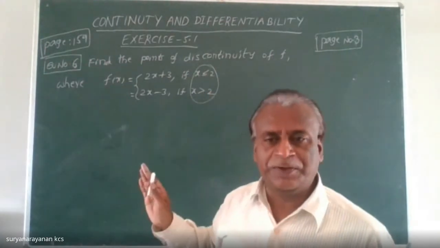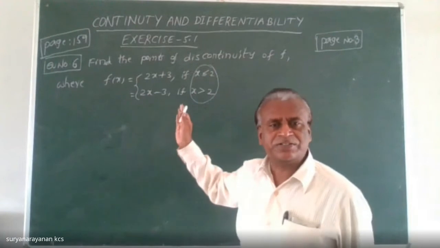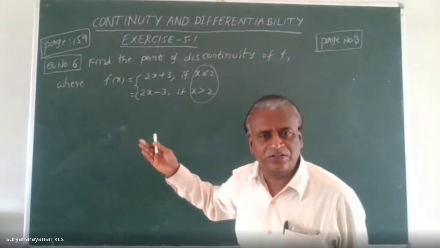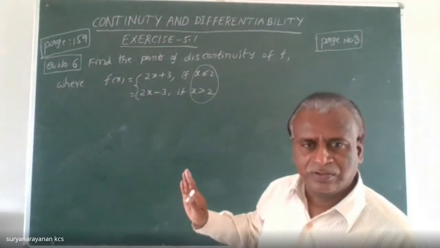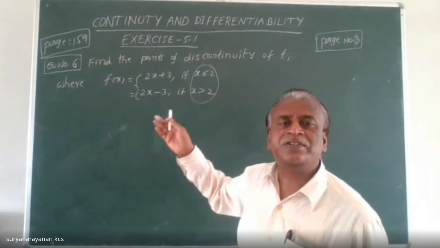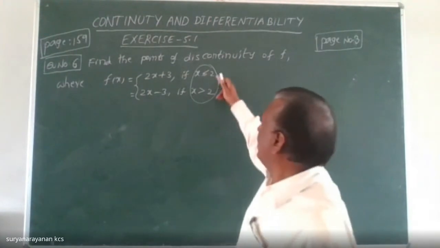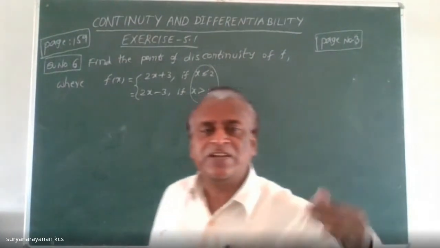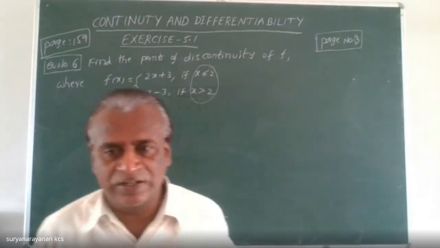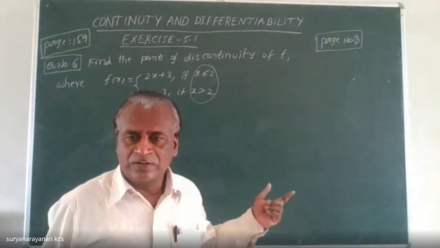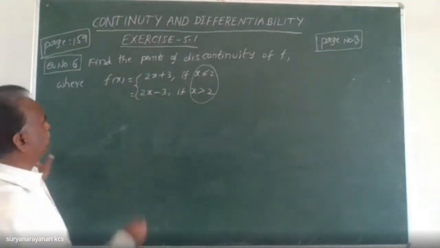If it is continuous at this particular point, then we say it is a continuous function. Otherwise, at this point it is discontinuous. That's all. This part is a hint for us to check the continuity of a function at which point we have to verify. Understood, children?